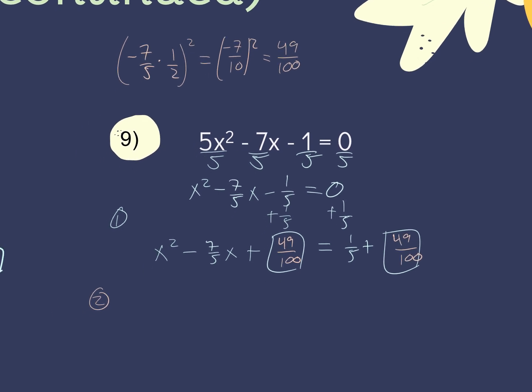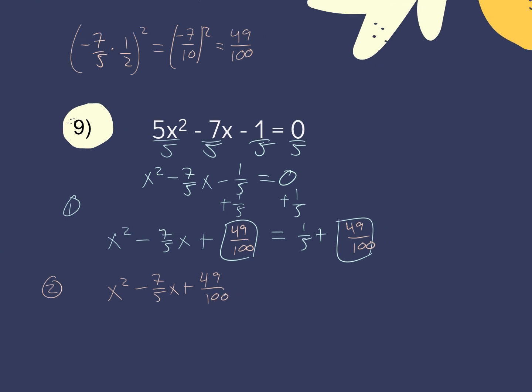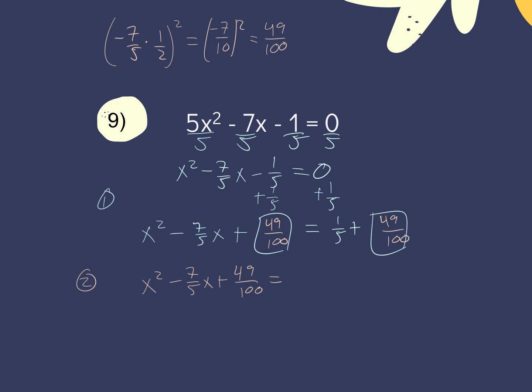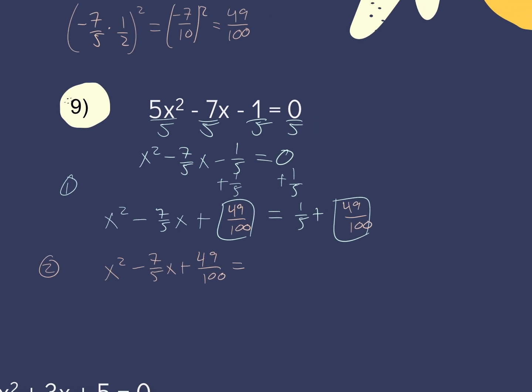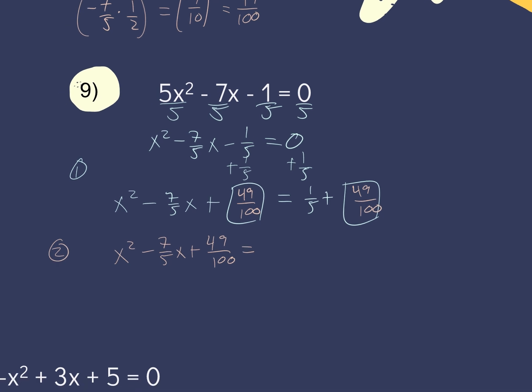So then we get x squared minus 7/5x plus 49/100 equals. You don't have to write it twice like I'm doing. I'm just writing it twice so that I have a clear, concrete next step. But you don't have to write it twice.